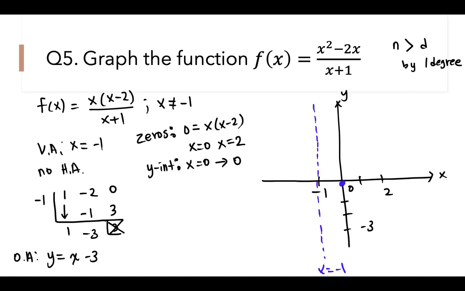So 0, 0, and 2. And we have the oblique asymptote at y is equal to x minus 3. So we have a y-intercept at 0. And it's going to go something like, so it's 1, 2, so it's 0. It's at 3. So this is the oblique asymptote at y is equal to x minus 3.